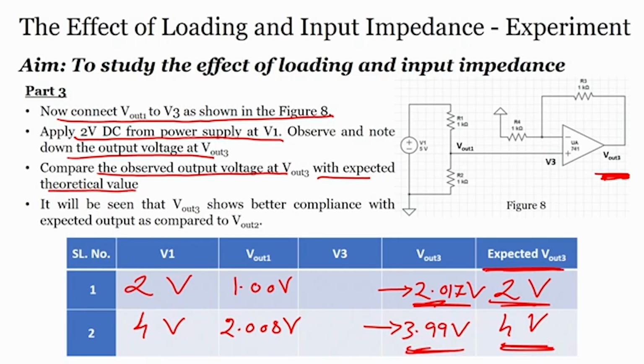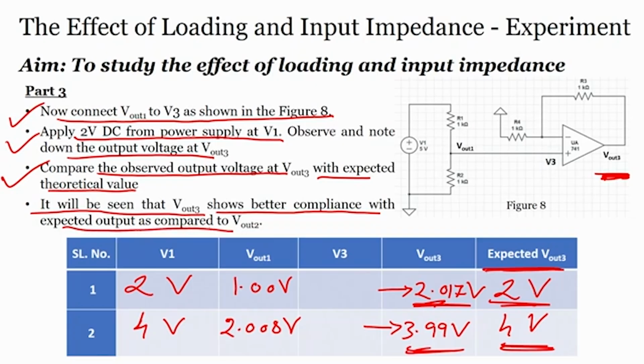Again, see this. What we are looking at is that we have connected the V out 1 to V 3, then we have applied 2 volts, then we have compared the theoretical and expected value. It will be seen that V out 3 shows better compliance with expected output as compared to V out 2.